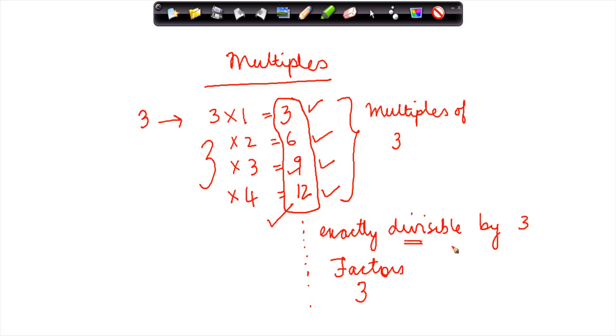Any number which is a multiple of another number, say for example, here we take 12. I am taking 12 because it is something I took in the earlier example. So 12 is a multiple of 3. Therefore it is reasonably safe to assume that 3 is a factor of 12.